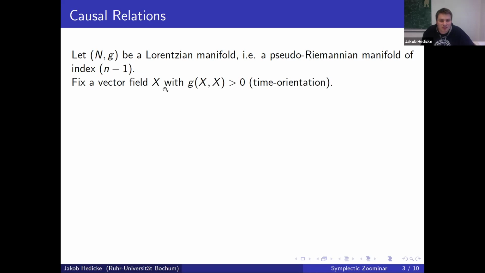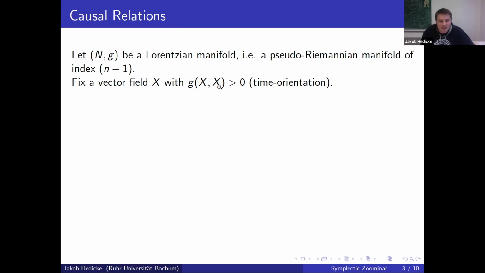First of all, since the metric is not positive definite, the energy of a tangent vector can change sign. There are tangent vectors of positive energy, some of negative energy, and also non-vanishing tangent vectors of null energy.